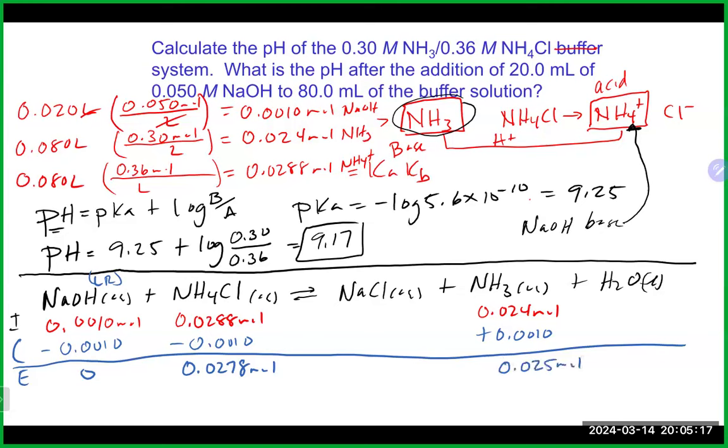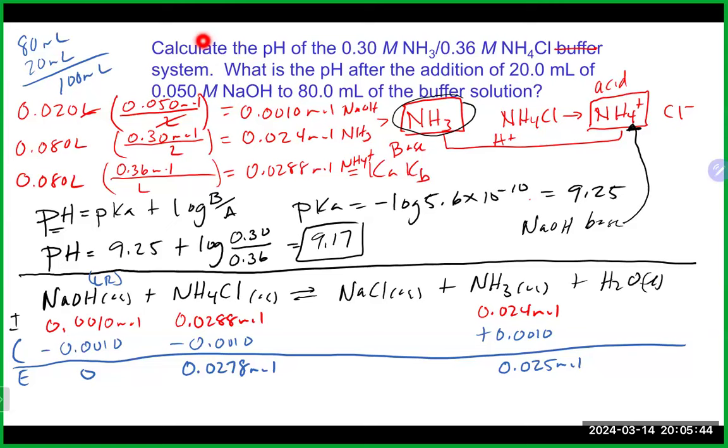0.025 moles. At this point, I should convert these back into molarity. Here, we do need to figure out our total volume. We had 80 milliliters for our buffer, and to that we added 20 milliliters of base, which means at this point we have a total volume of 100 milliliters, which we need to convert to liters.